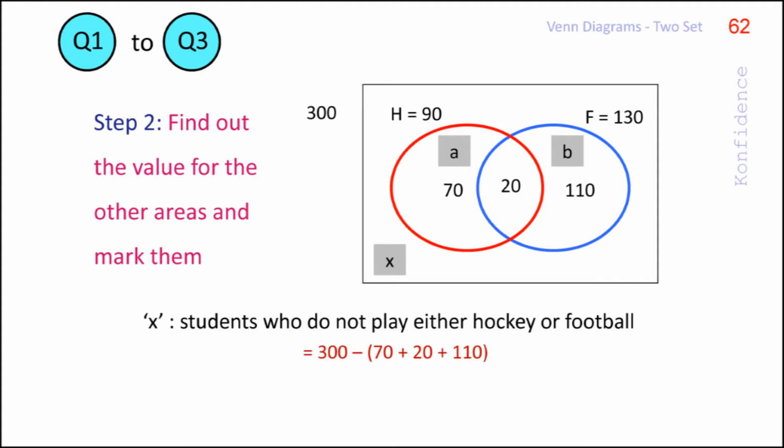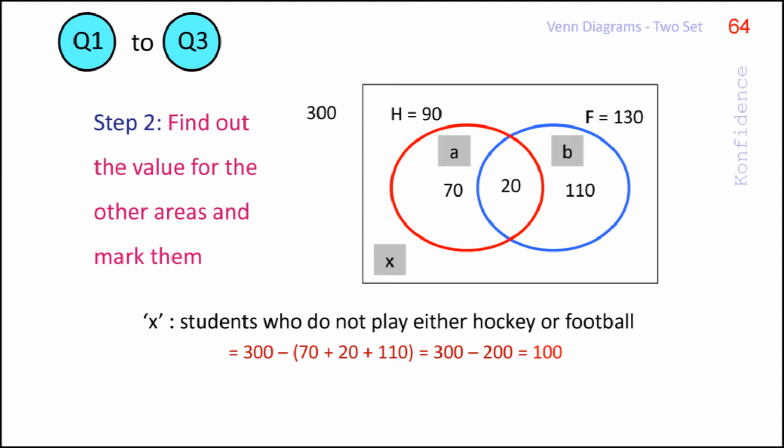So, all of them put together is 200. So, people who do not play any of the two games should be the total of 300 minus 200, that gives 100. That is the number X.